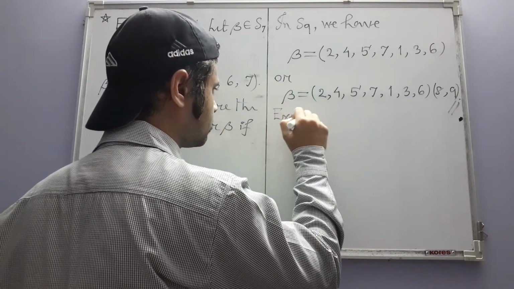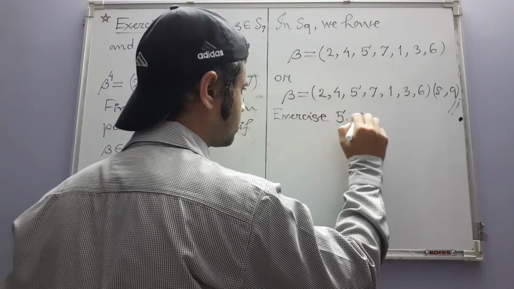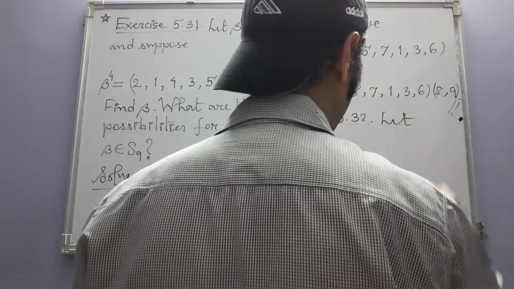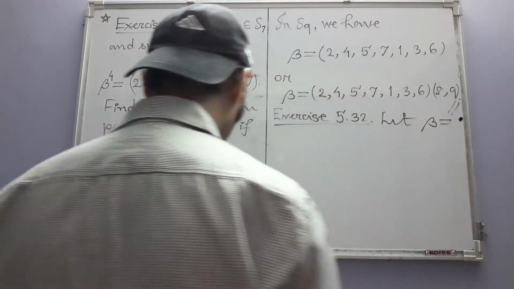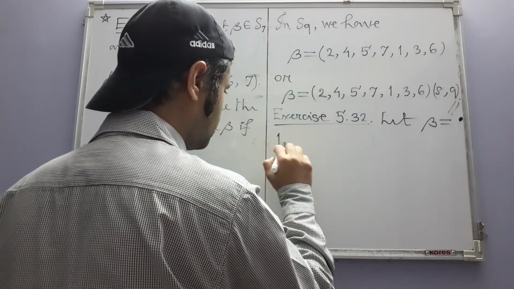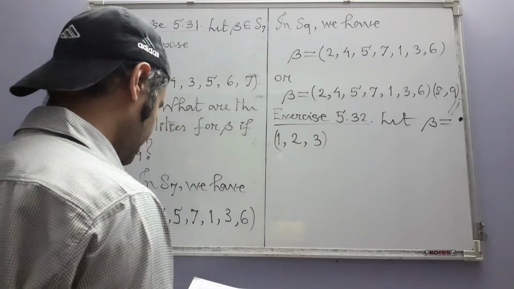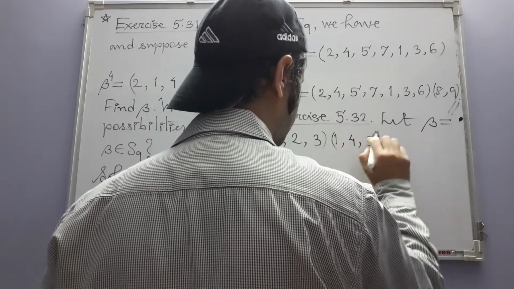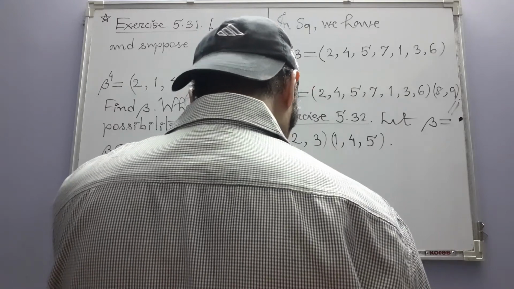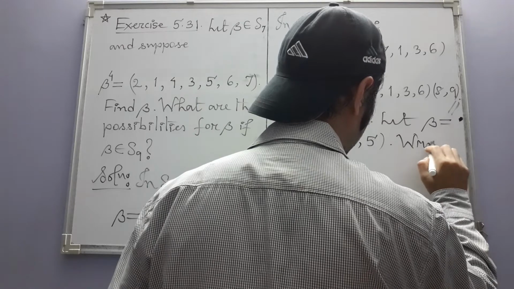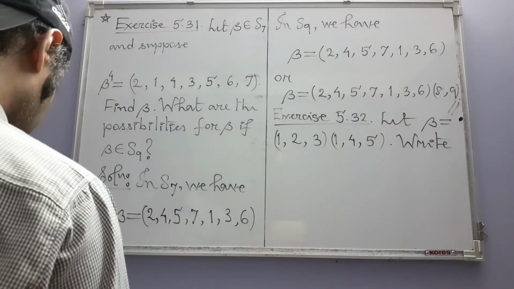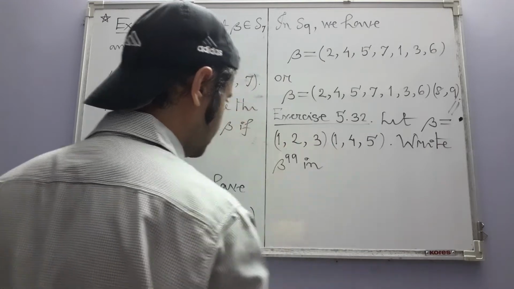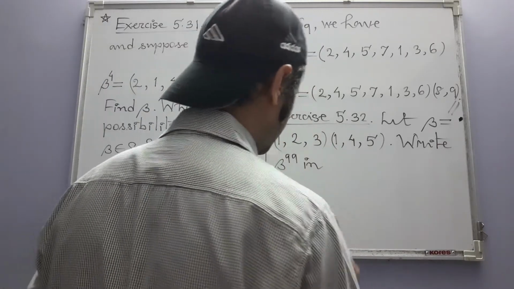Next, let beta be equal to this product of 3 cycles, (1 4 5) and so on. Find beta to the power 99 in disjoint cycle form.